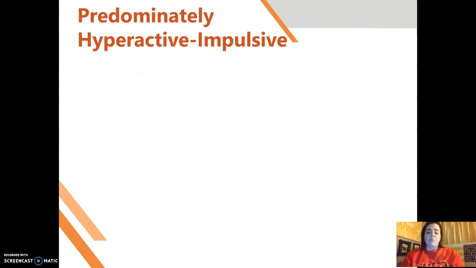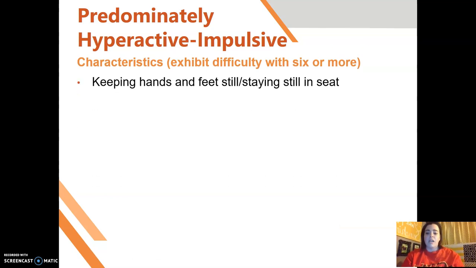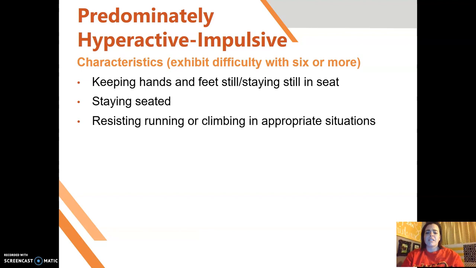Predominantly hyperactive impulsive characteristics that you must exhibit difficulty with 6 or more include keeping hands and feet still or staying still in your seat, struggle with staying seated, struggle with resisting running or climbing in inappropriate situations, so like running around in the classroom would be an inappropriate situation.